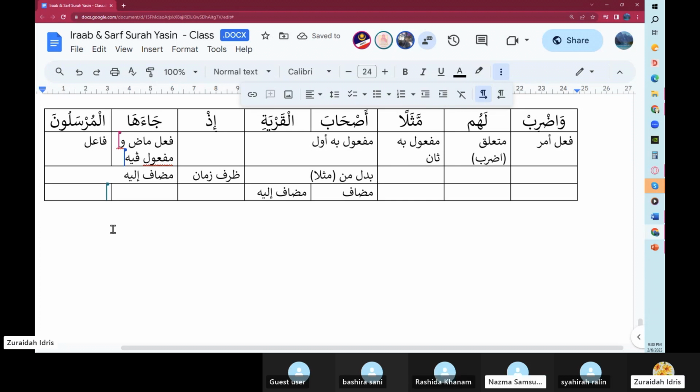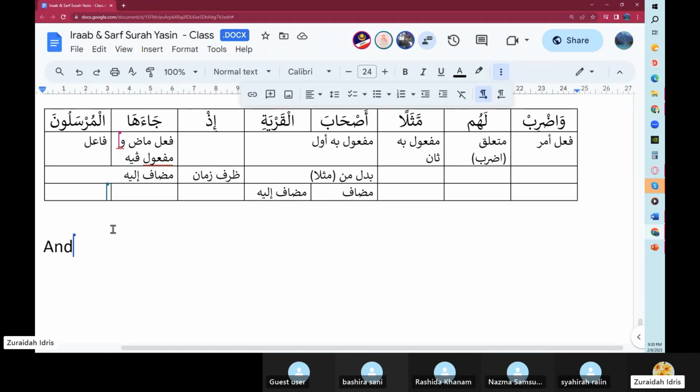So how would I translate this? The easiest is wa, and. And daraba, what does it mean? Actually, daraba seems to be to hit, right? But sometimes it is used to present, the word present. Okay.